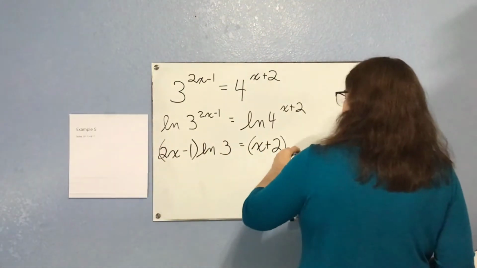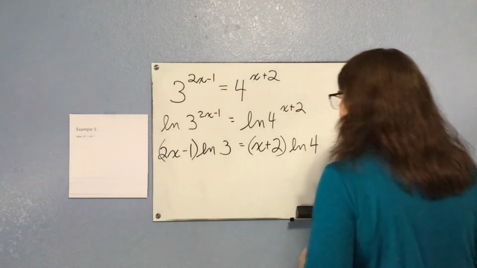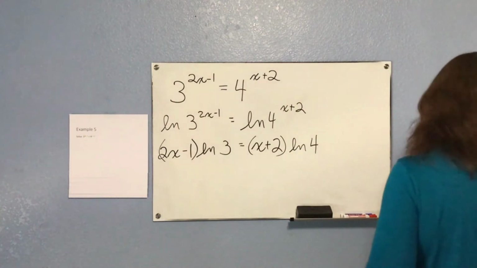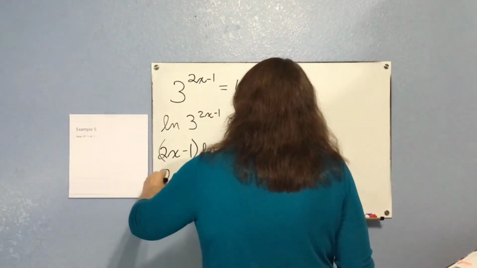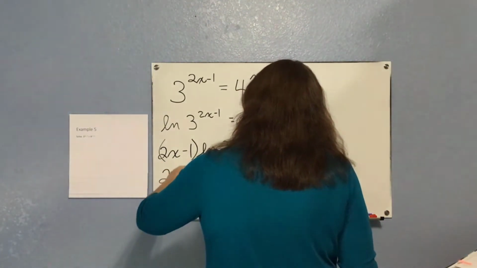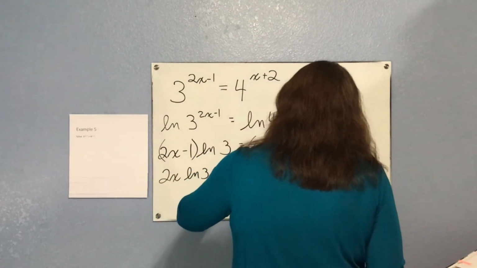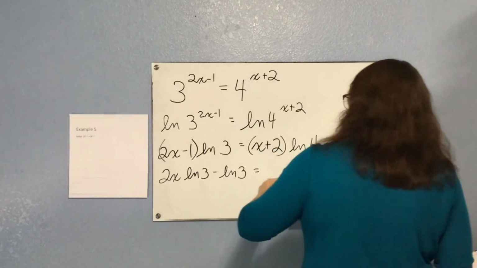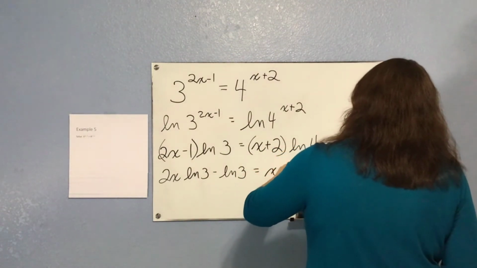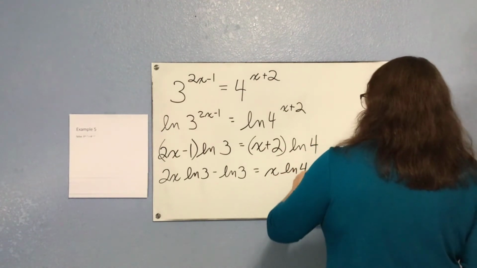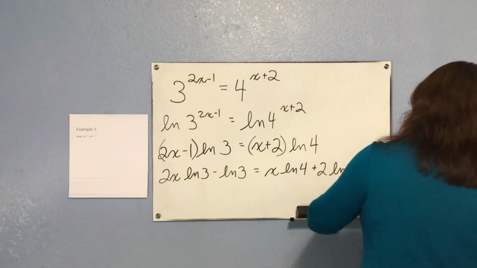I'll make this a little clearer. So this is what I have now. We're going to multiply these out. So now I have 2x times the natural log of 3 minus the natural log of 3 equals x times the natural log of 4 plus 2 natural log of 4.